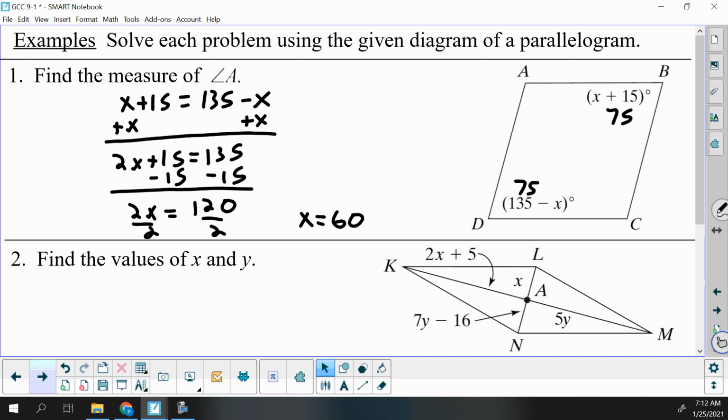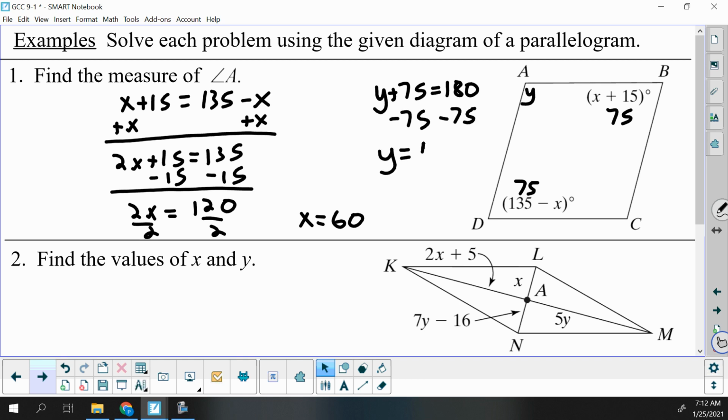Well, to find angle A, let's call the variable that's not in the picture right now y. We have to use our property that consecutive angles are supplementary. So we know y plus 75 should equal 180. So we'll subtract the 75 over.